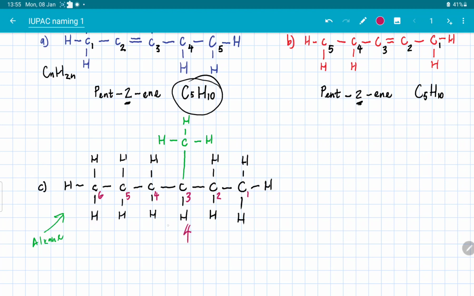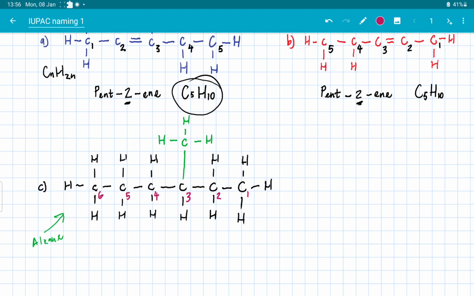So my rule is: look at your molecule and see which side is closest to the substituent, i.e. the function, the halogen or the alkyl group. Now it's closest to the right. That means it is carbon 3.